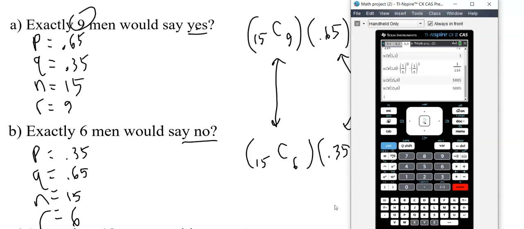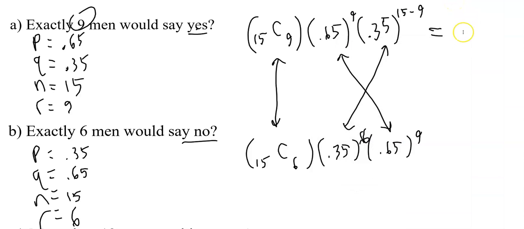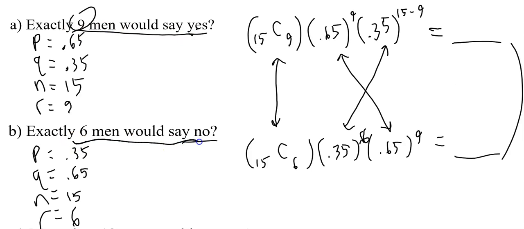Yep, they are the same. So we get whatever the answer is, I haven't typed it all in. We get the same exact answer. Does that make sense in this problem that these answers are the same? Well, if 9 men said yes, that would mean if there's 15 men, 6 men would say no. So actually this is the same question in disguise.